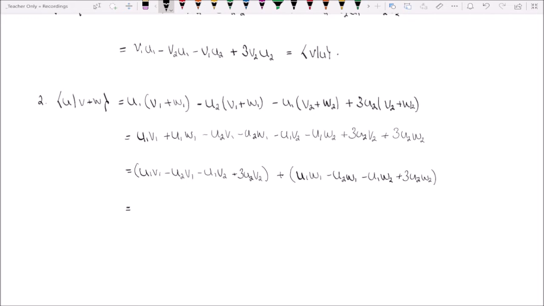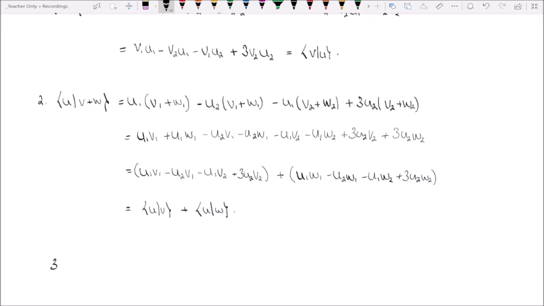This first grouping is precisely the inner product of u with v. That second grouping is precisely the inner product of u with w. Well, that proves the second axiom.